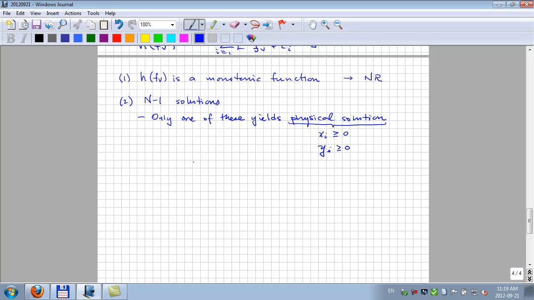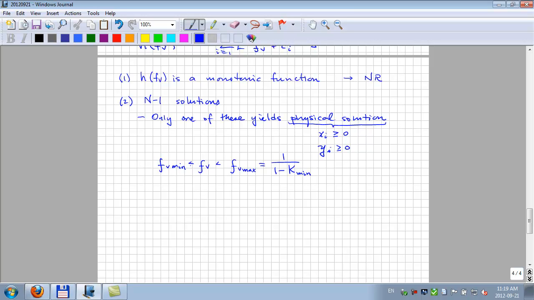That solution is the one that falls between what I'm going to call FV max and FV min, and those two values can be calculated immediately. The FV max is equal to 1 over 1 minus the minimum k value, which we know.